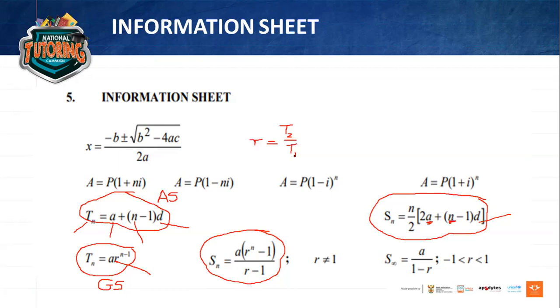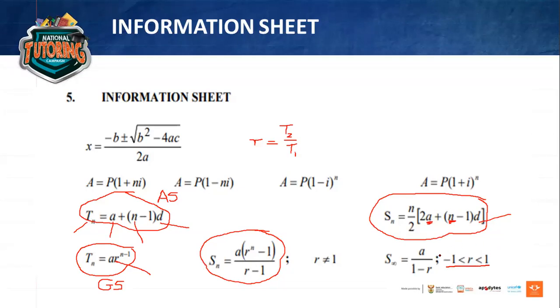Now we also have the concept known as the sum to infinity. You guys remember that our series is able to converge. If it's able to converge, we say it will go to infinity. But for the sequence to converge, there is a condition.